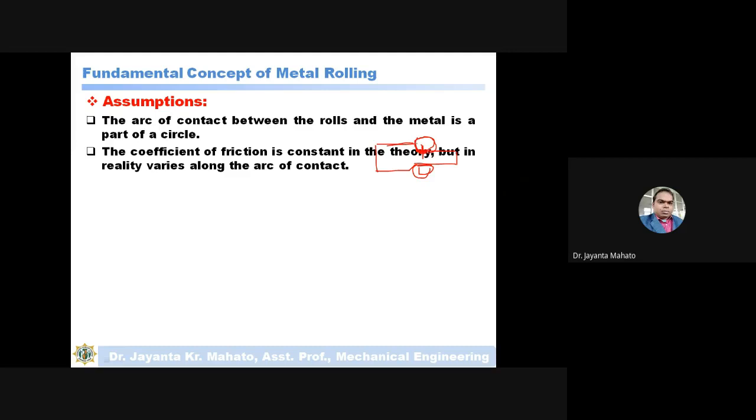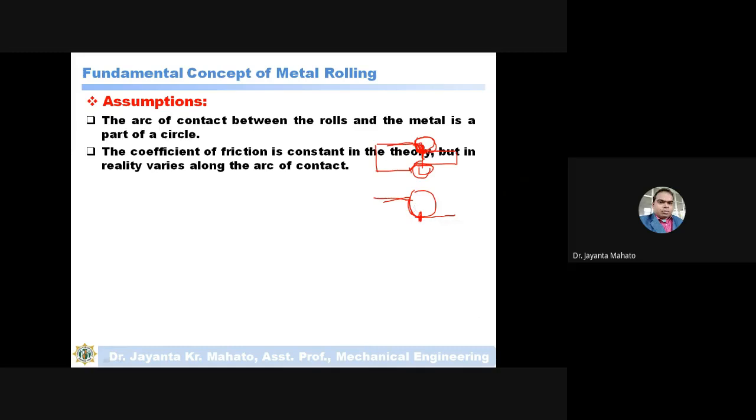The material contacts from here to this portion, or this portion, so the friction actually varies from point to point. At one point the friction is less compared to another.